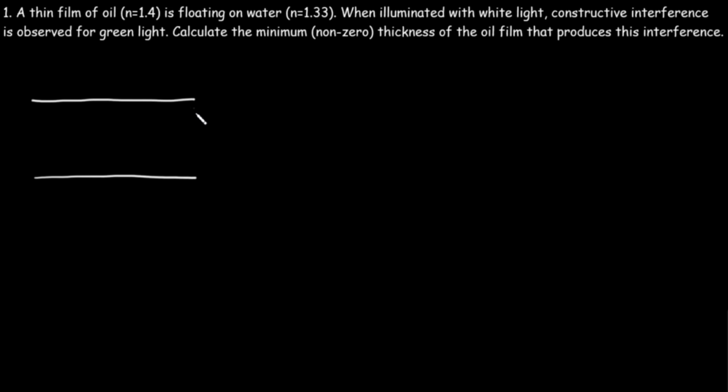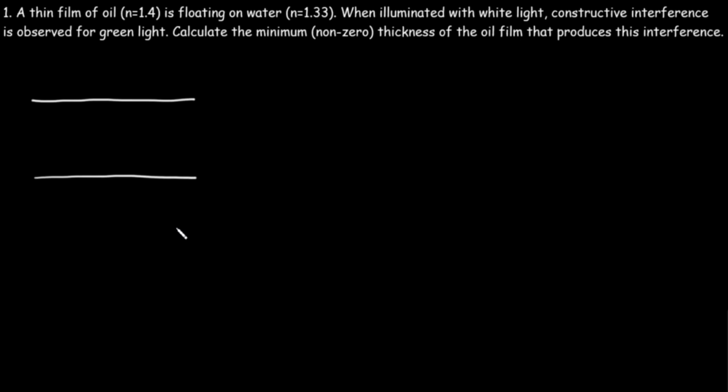The second part is this place, which is the thin film, so pretend that it's extremely thin. And then the third part is, of course, below the line, which is going to be, in this case, water.